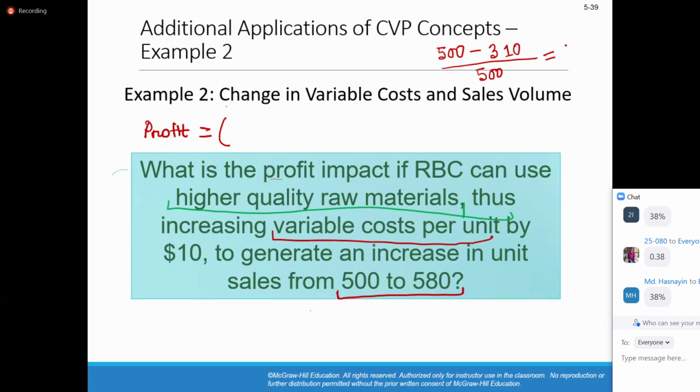Yeah, good. It was initially 40%. Now the contribution margin has changed. It should be 0.38. Now, if we multiply this by the total sales value, which is 580 into 500, it should be 290,000.